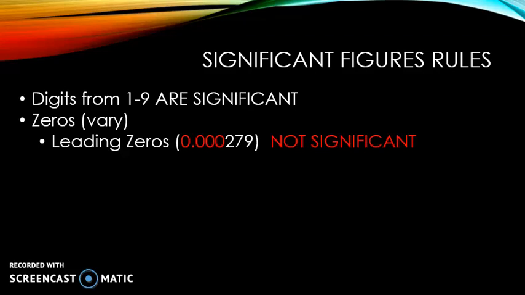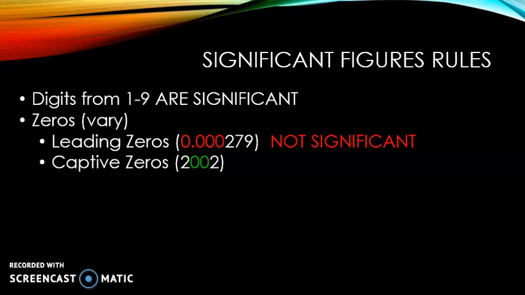A second type of zero, zeros that fall between 2 non-zero numbers. And it doesn't matter how many of them you have, as long as there's a non-zero to the left and to the right, it's considered to be a captive zero. Now, in this case, the number 2002, we took the time to measure the thousands place. We took the time to measure the ones place.